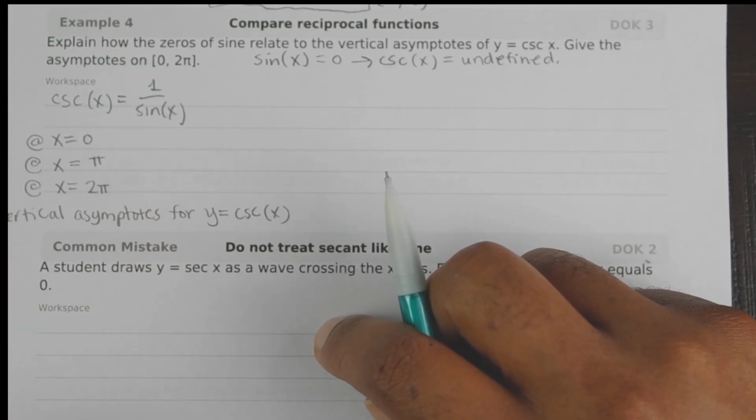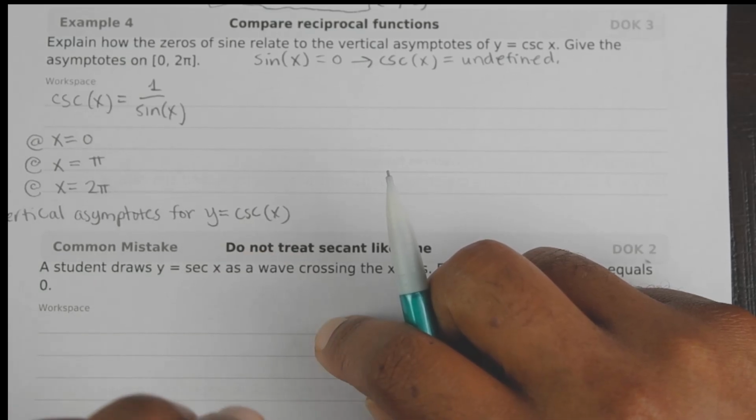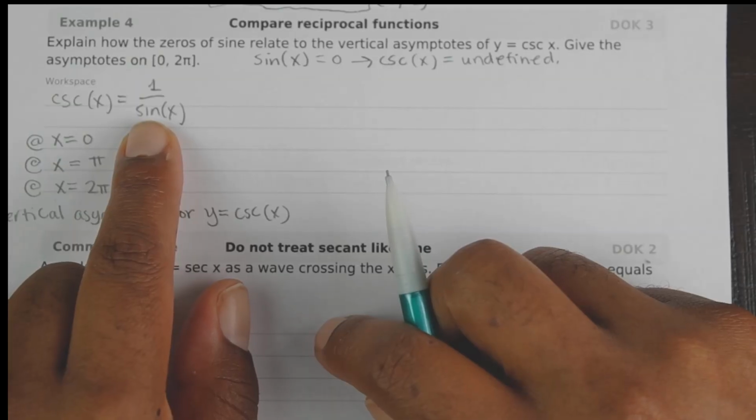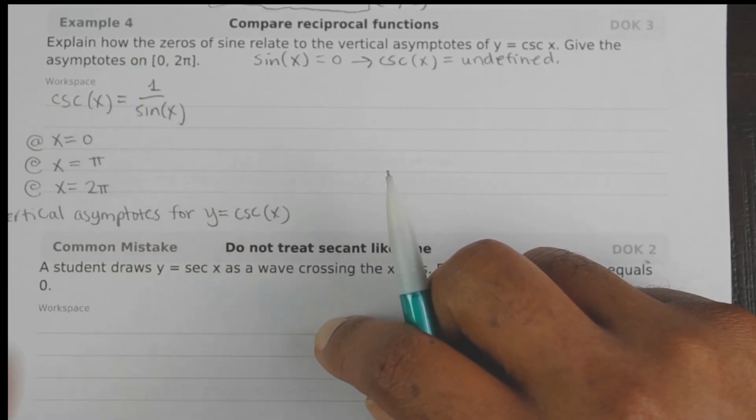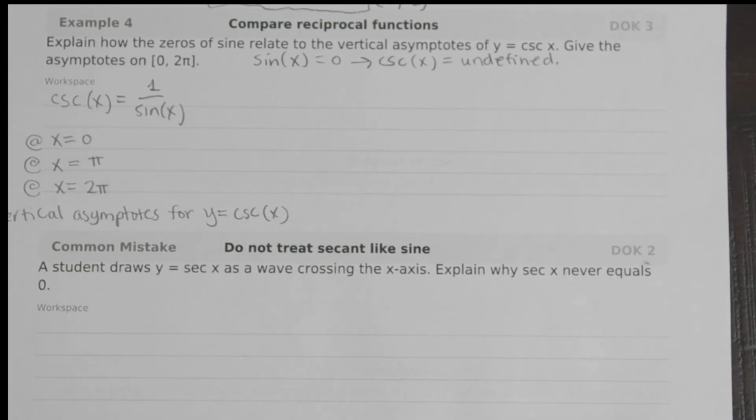So the zeros for sine become the vertical asymptotes for cosecant. This happens because cosecant is 1 divided by sine, right? So when this is 0, that makes this undefined, and that is how we know what the vertical asymptotes are. If sine is 0, then cosecant would require division by 0, which is undefined.